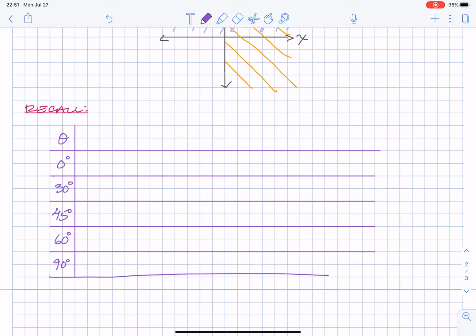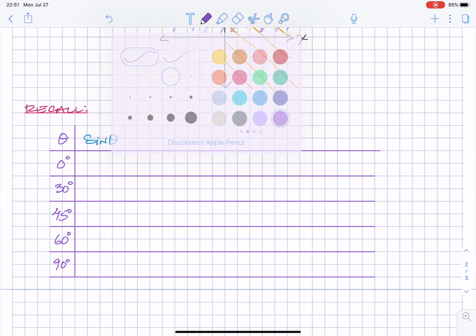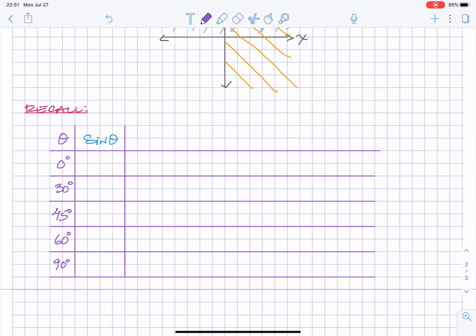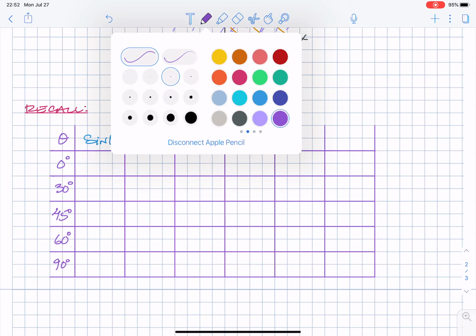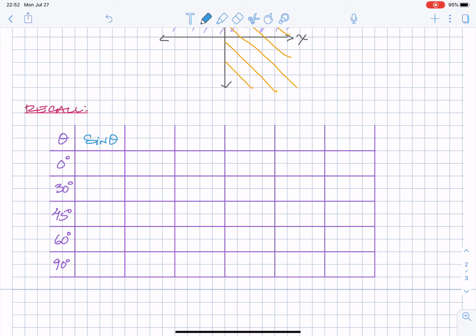Okay, so I'm going to list the 6 trigonometric functions. So let's first do darker blue. Let's do sine of theta. So sine of 0 degrees was 0 over r, or 0.